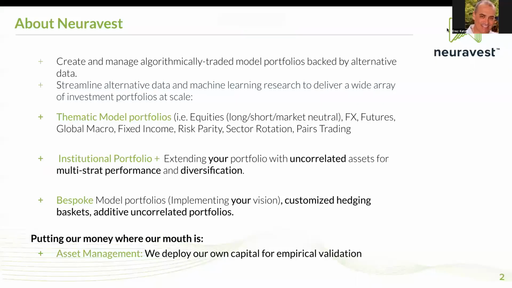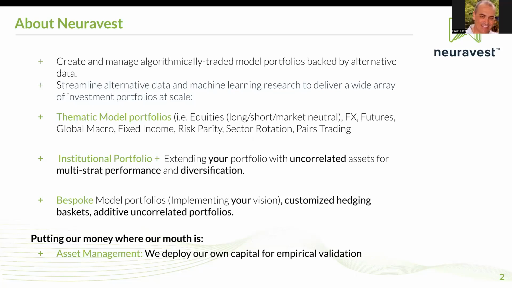A few words about Neuravest. Essentially, we are a financial research company, but we also work as asset managers to an extent. We create and manage algorithmically traded portfolios powered by machine learning and data science. We have built a platform that can streamline alternative data and machine learning research to deliver a wide array of portfolio products at scale.